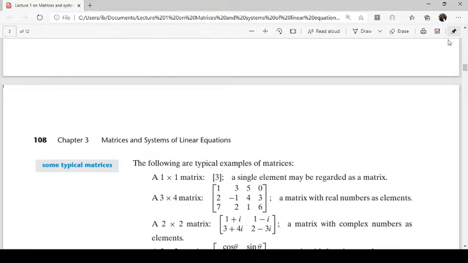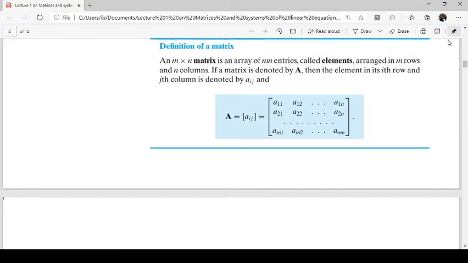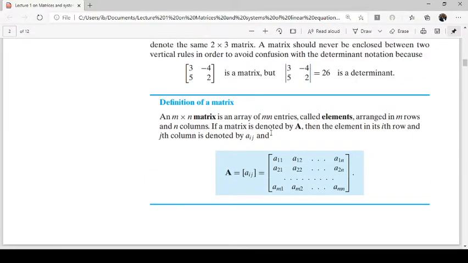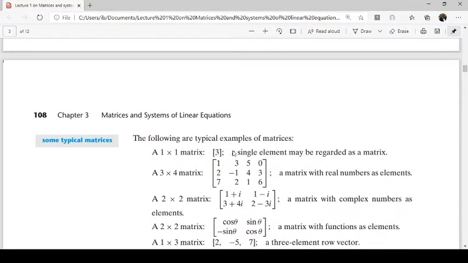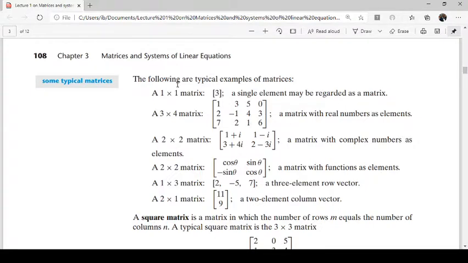Another way you can represent the matrix is with i and j, that is matrix aij. What i simply means is the element in the i-th row, while j is the j-th column. A single matrix with a single element is still a matrix, but we say it's a 1 by 1 matrix.